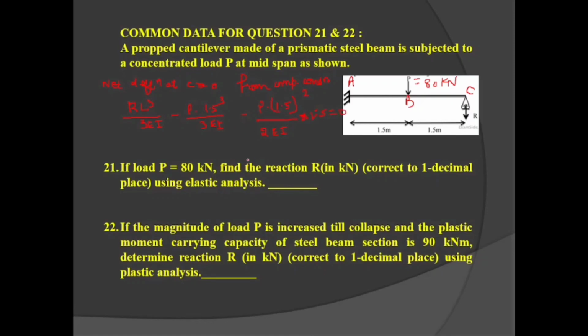So from here, after putting all the values, R value is equal to 25 kilonewton. Reaction value is equal to 25 kilonewton.